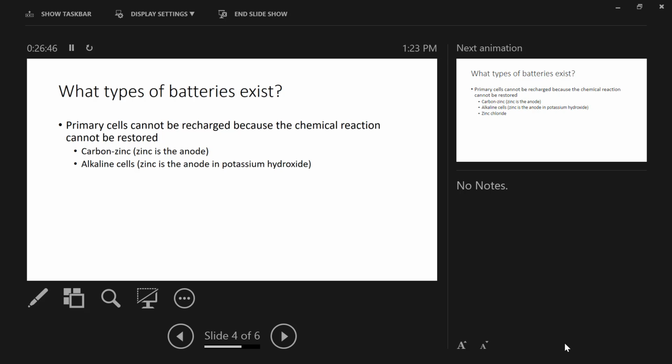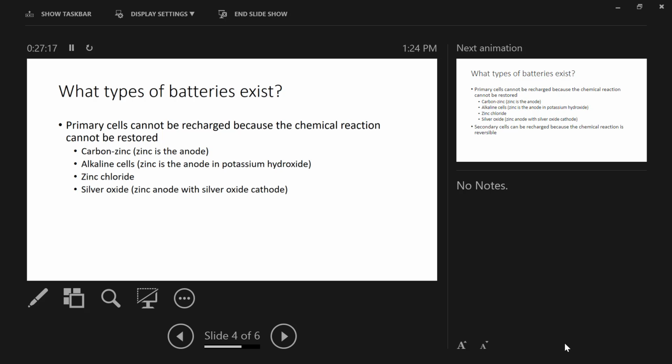Right? Couple more primary cells. The zinc chloride battery. What do you think's the anode? Zinc, still the anode. You're like, wow, what is it about zinc that makes it such a wonderful anode? You're like, I bet zinc is really, really happy to get rid of electrons. One more type, the silver oxide battery.